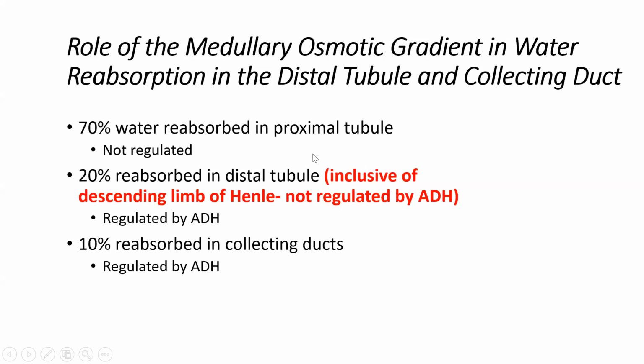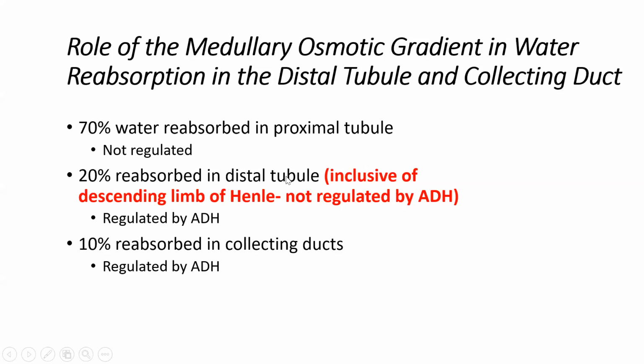So although we're collectively looking at this 20% that happens in the distal part of the tubule, including what happens in the descending limb of the loop of Henle, it is not regulated by ADH, right? It happens freely according to that medullary osmotic gradient. And then the final 10% here, which is reabsorbed in the collecting duct, the distalmost part of the tubular structures, is very much regulated by ADH.